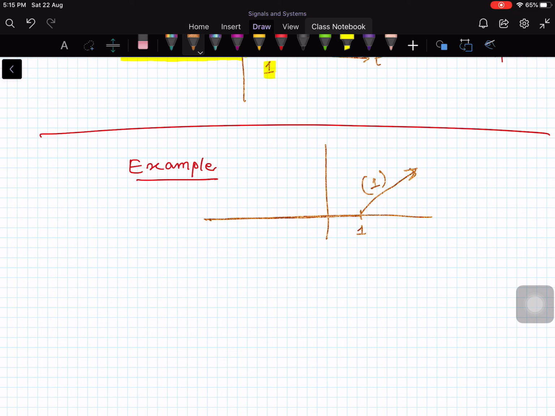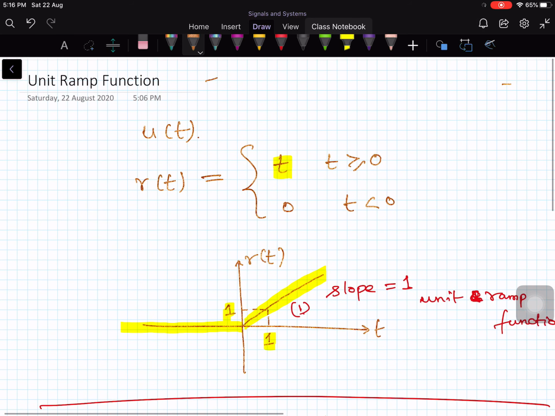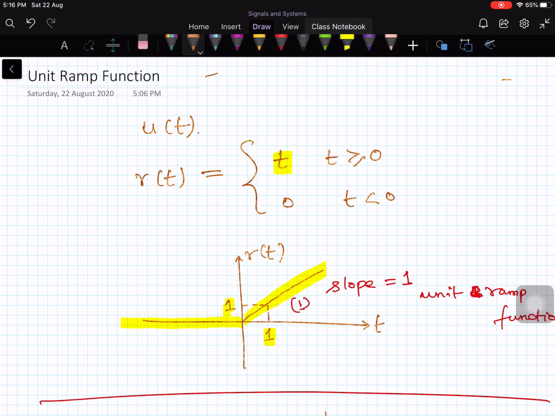Now if you look at the definition of r of t, it has a non-zero value when t is positive. If t is greater than or equal to 0, then it has the value of t, that is a non-zero value.